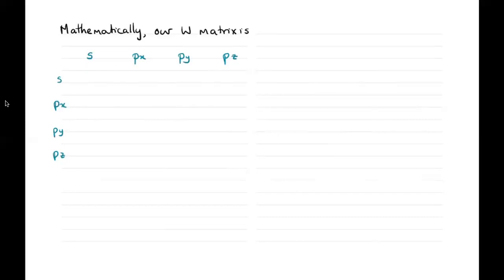And our terms are the wave function of the 2s orbital times our perturbation to the Hamiltonian, which is our electric field, times the wave function. Oh, sorry, let me correct myself here. Let me clarify that I'm going to write the W matrix in terms of just the perturbation H1. I'm not going to include the H0 term.